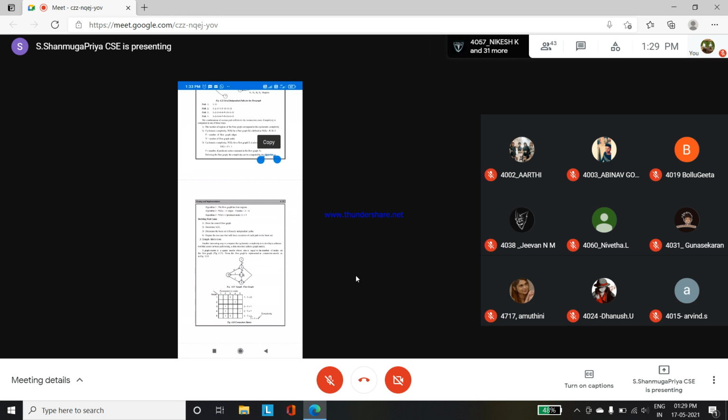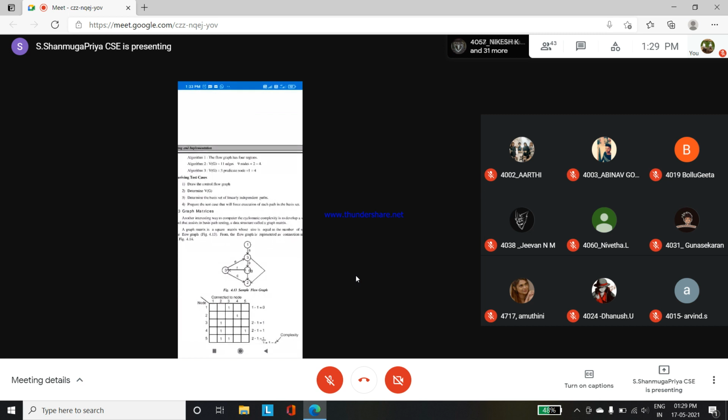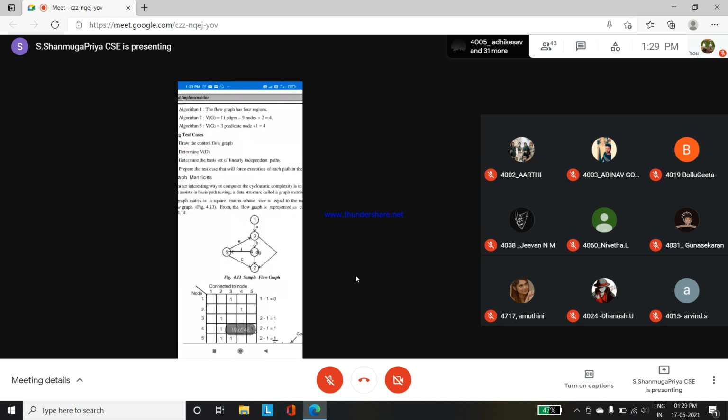Here we have taken one flow graph consisting of only 5 nodes, so we are using a 5x5 matrix. With the help of the arrow mark symbol, we identify the output. From node 1 we are giving output to node 3, so in that row we put 1 for the connection to 3.